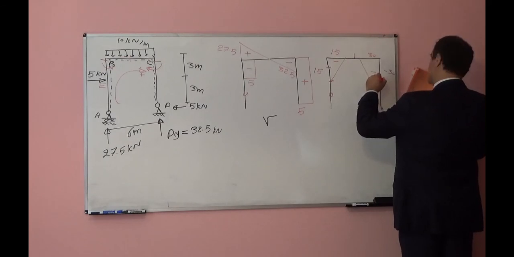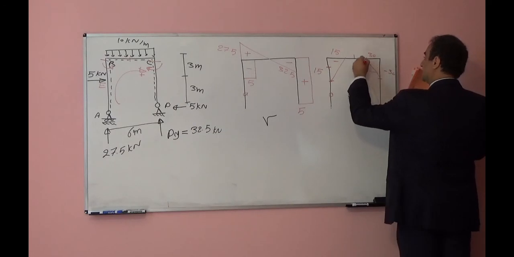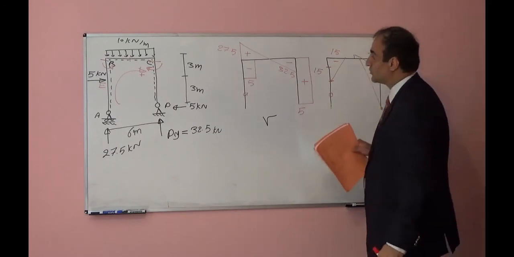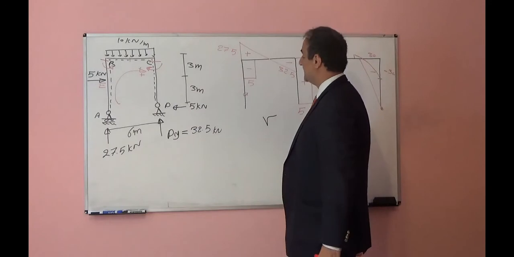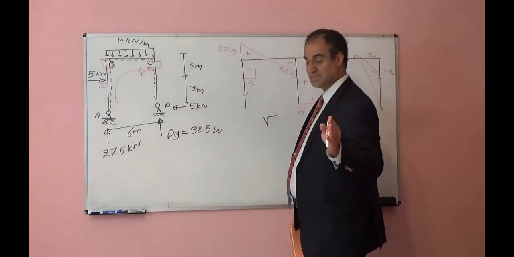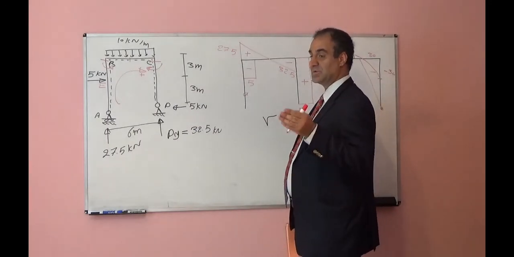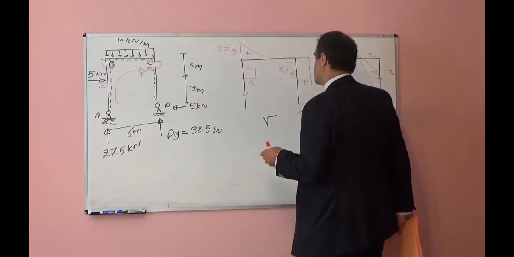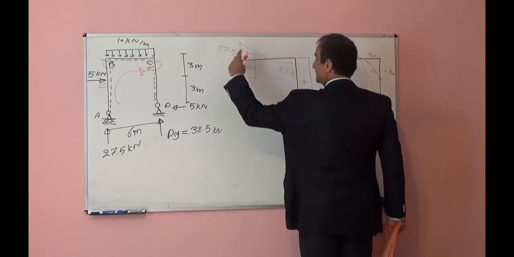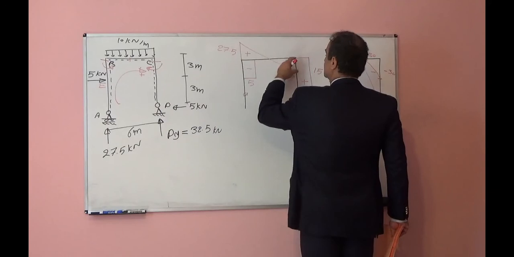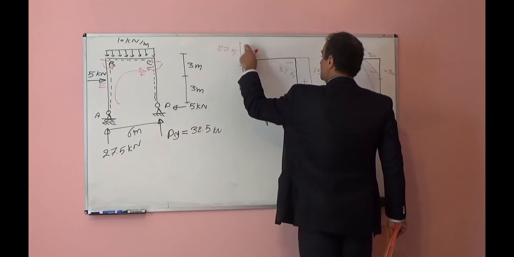Okay. Something like this. Of course, moment here will be maximum at the location where shear is equal to 0. Where is the shear equal to 0? Because this is 27.5, this is 32.5.